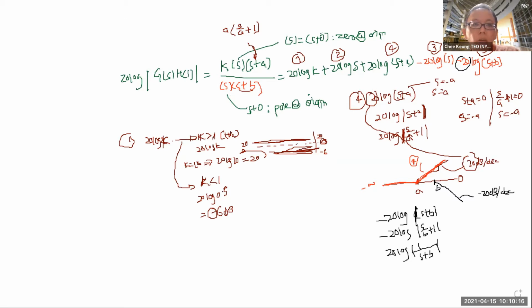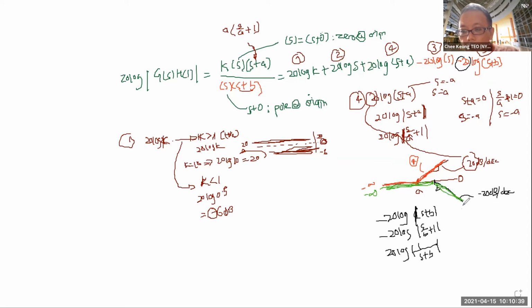So basically, if any of these forms appear, then your pole will look something like that. Again, it comes from negative infinity, goes straight, and hits B, which is the root. Then it will turn down at minus 20 dB per decade.